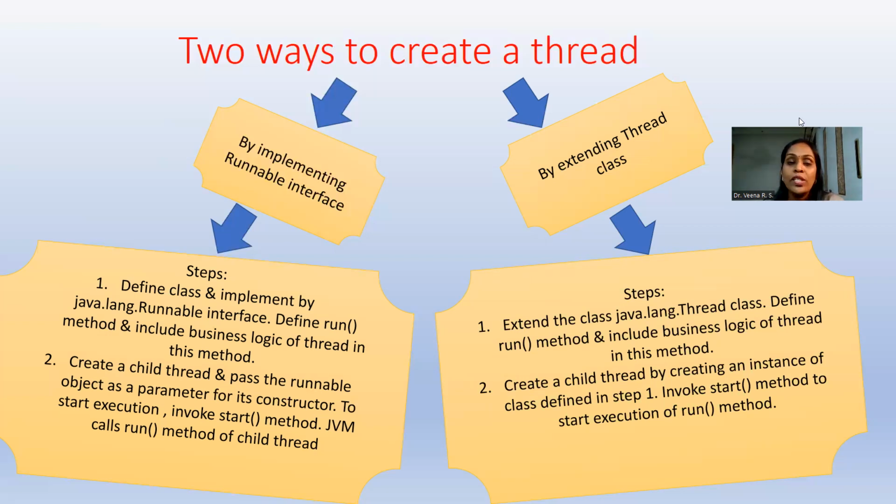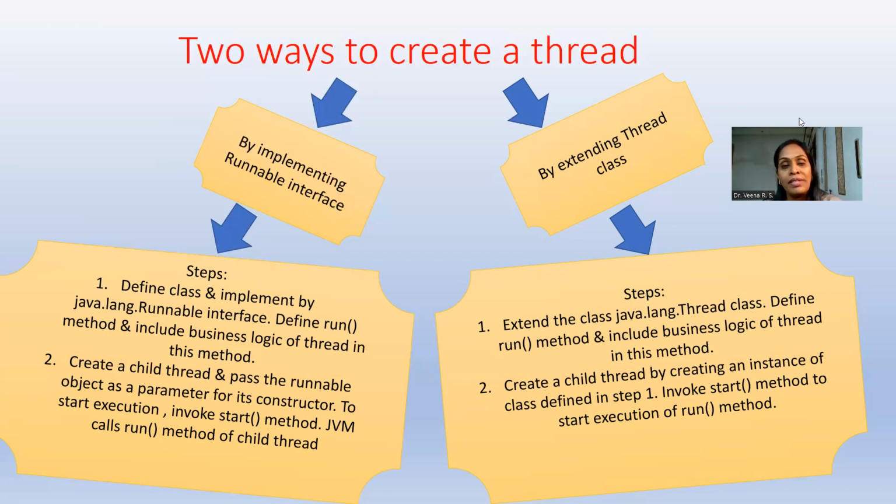That's why you have to make use of a class which implements runnable, and pass the object of that class to create the child thread. You cannot instantiate the interface directly. If you extend the thread class, then yes, you can directly create an object of that class and start executing the program.